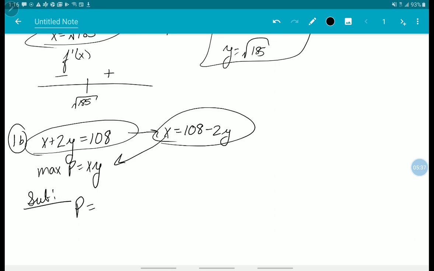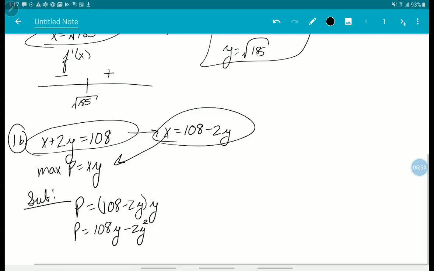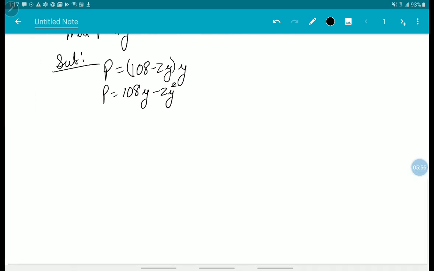So p is equal to x, which is 108 minus 2y, times y. If we distribute, we end up with 108y minus 2y squared. And now we want to take the derivative. Remember, we want to maximize, and maximize is a keyword to let us know we want to take a derivative.